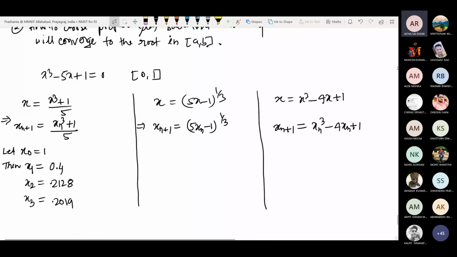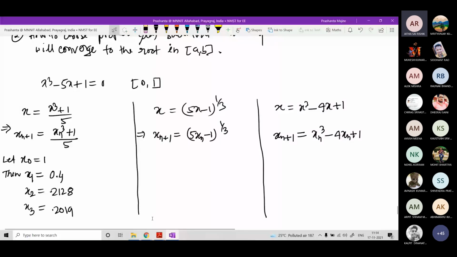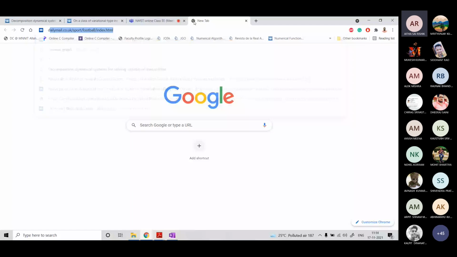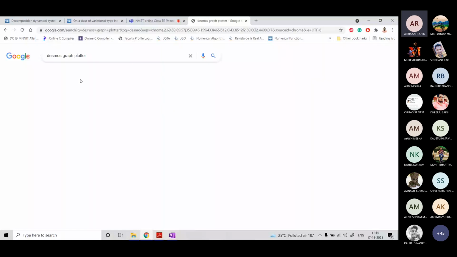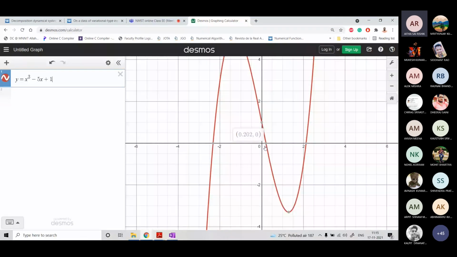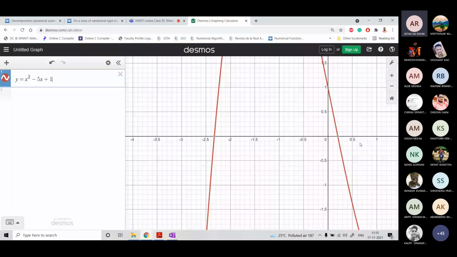So let us see first where the root is. What is the exact root of the equation in the interval? So let us plot it on the graph plotter. What is the curve? y equals x cube minus 5x plus 1. This equation has three roots, and we want to find the root between 0 and 1.